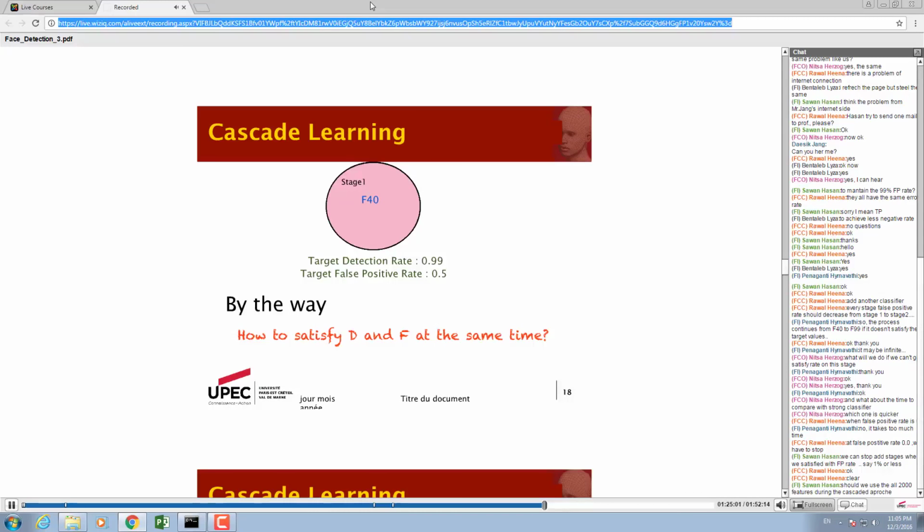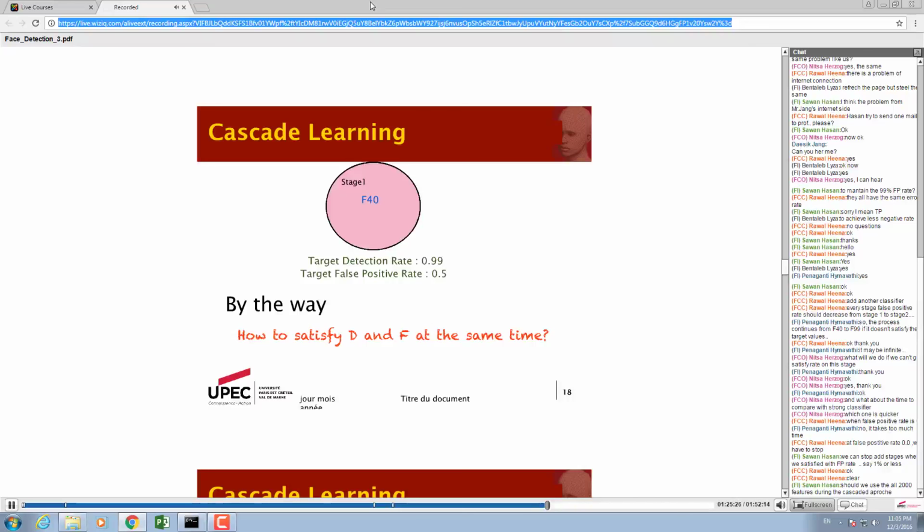So if the cascaded structure reaches the final target number, a very small false positive rate, with all together 1000 classifiers in the cascade, then that's it. So we just use 1000.